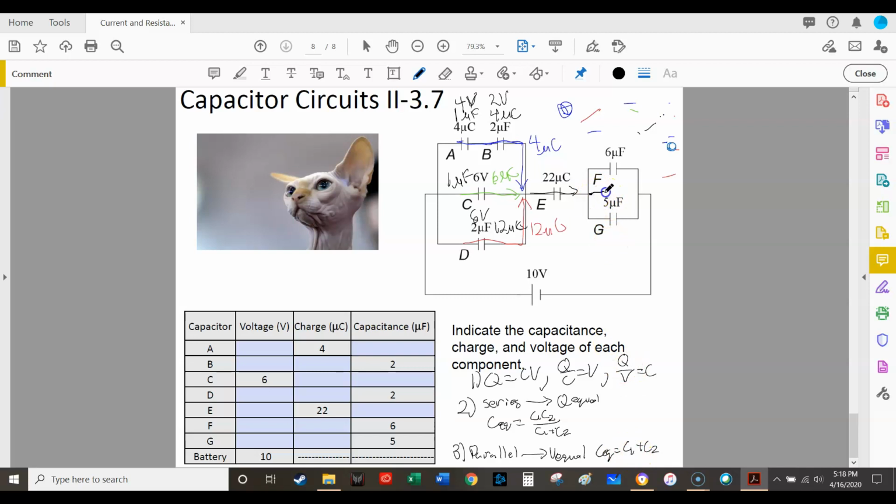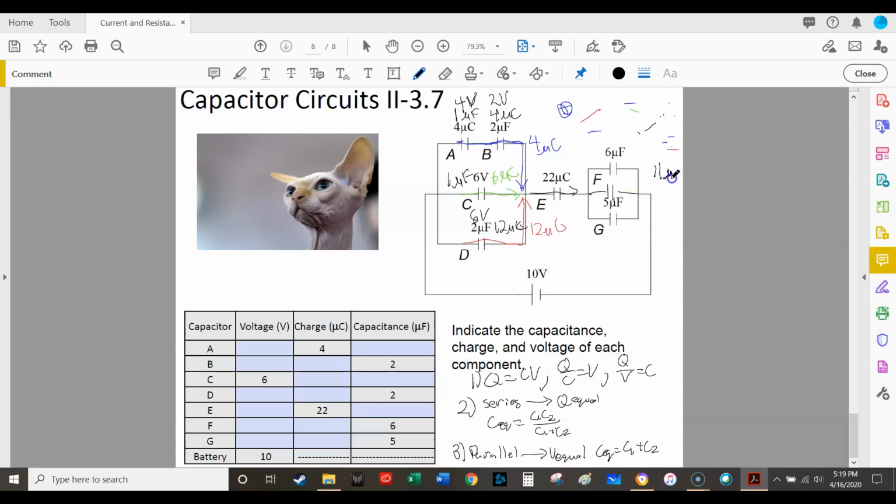So imagine we just have one capacitor right here, and it is 11 microfarads. Okay, 6 microfarads plus 5 microfarads, right? If they're in parallel, you add them. That is going to be 11 microfarads, right? Well, that 11 microfarads is getting 22 microcoulombs. And so let me pop that back out, and I'm going to do this math over here.